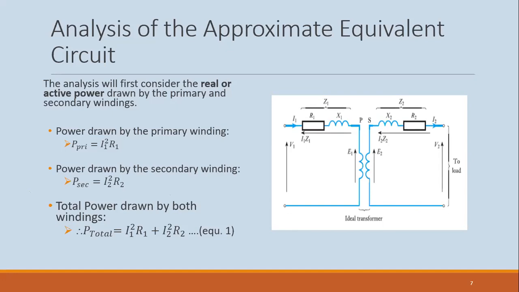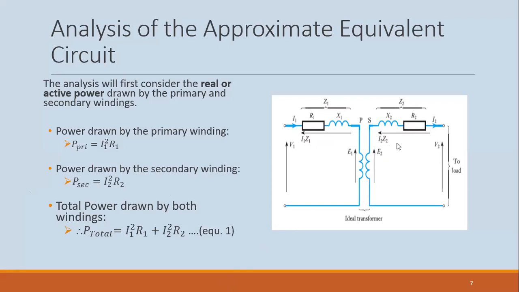Now, the transformer can be regulated to correct that. So that is why we're doing the voltage regulation calculation, to show you that, yes, in reality, once you load the transformer, the voltage will fall, but we can make some adjustments to minimize that drop in voltage.